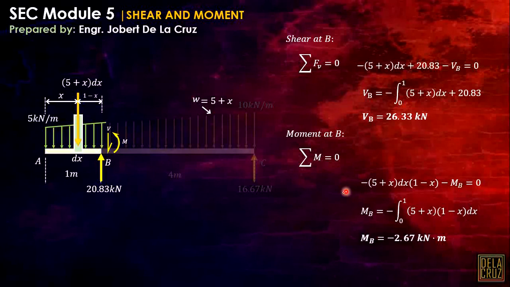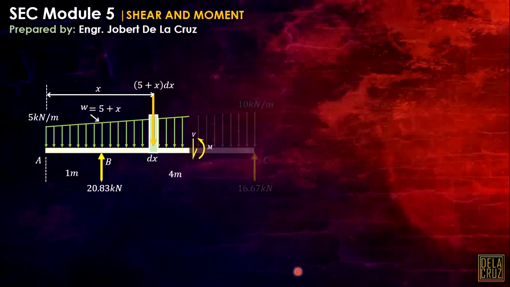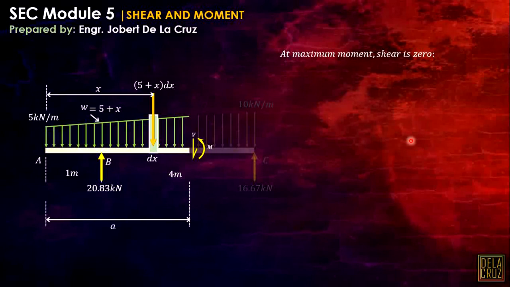I-locate natin yung maximum positive moment by considering a distance na lang. Again, this is still our x from the concentrated load. Then, at maximum moment, shear is 0, as you observed kanina. So, let me just call this one as distance A. Ito yung principle: maximum moment, shear is 0. This V should be 0.